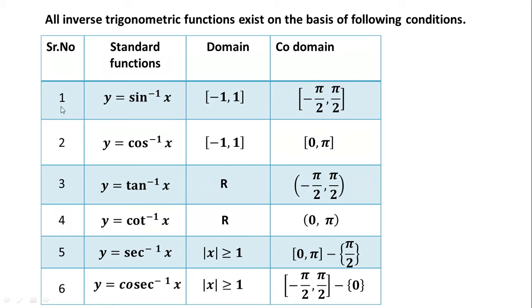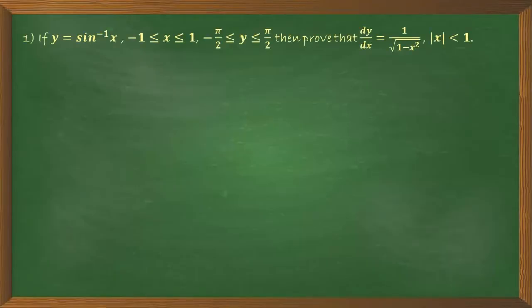Now one by one we will prove all the standard results. Results means we have to find the derivative of sine inverse x and so on. One by one we will study. So let us see the first theorem. See here, if y is equal to sine inverse x, this is the function given to you, and the condition on that is minus 1 less than or equal to x less than or equal to 1, means x lies between minus 1 and 1, and y lies between minus pi by 2 and pi by 2.